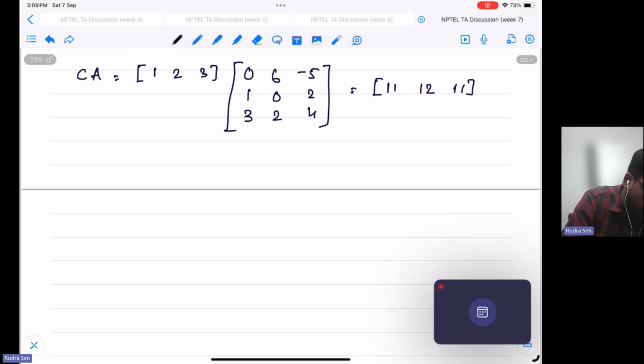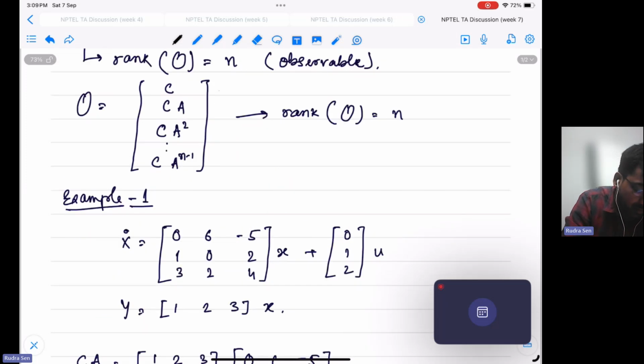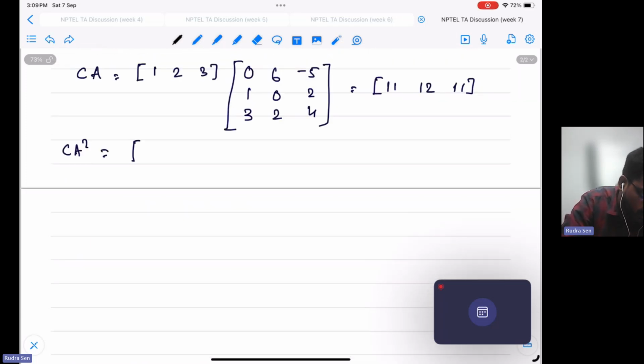Okay. And then you have to find out the C A square. This is a 3 cross 3 matrix, so obviously we need up to C A square. C A square is basically C A into A, right?